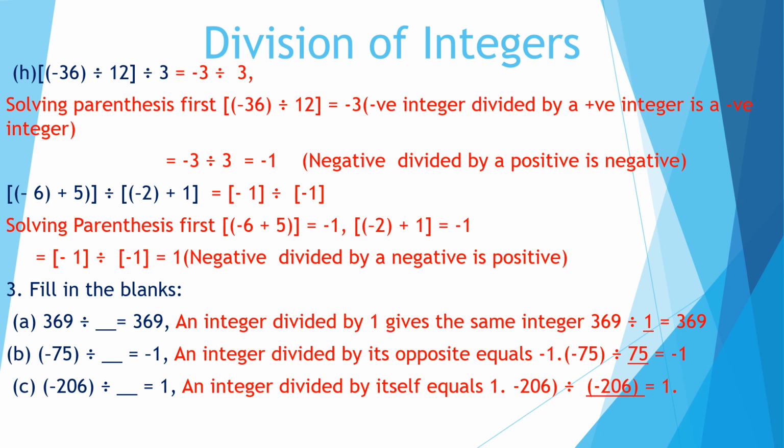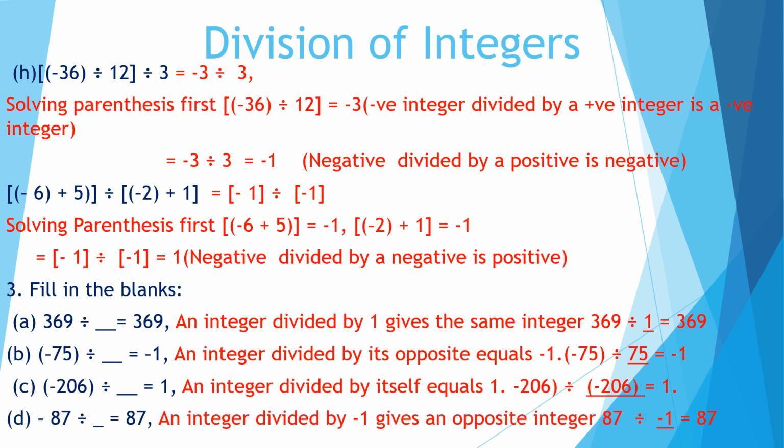Now an integer divided by itself equals 1. So minus 206 divided by minus 206 will be equal to 1. Minus 87 divided by minus 1 will give its opposite, that is plus 87.